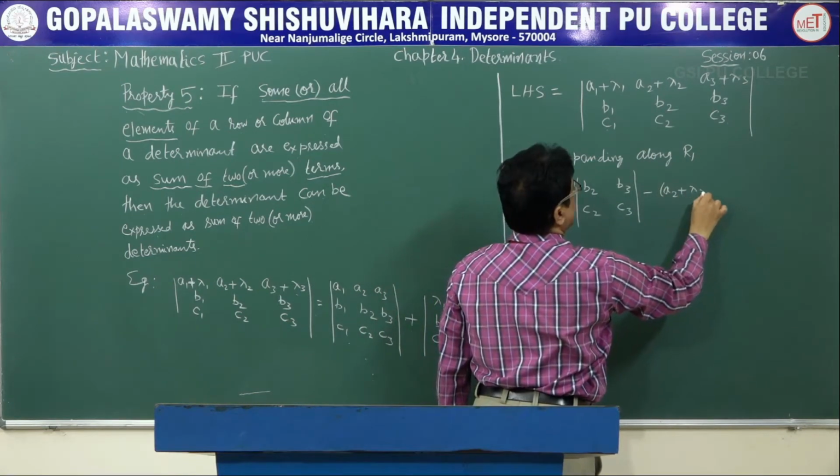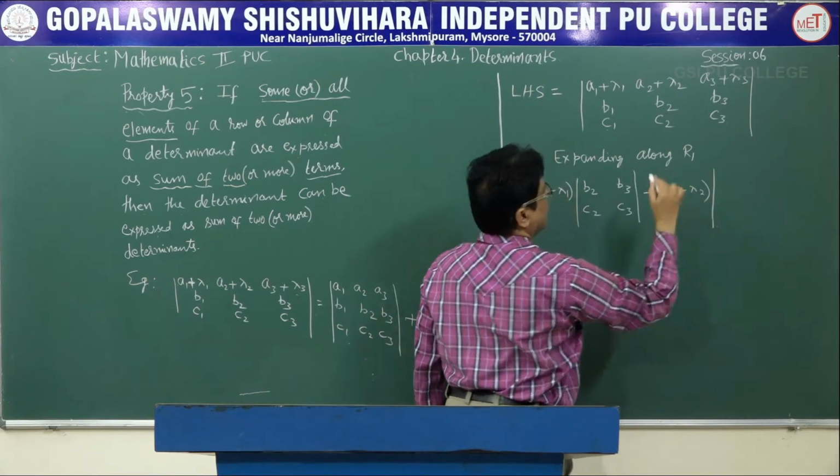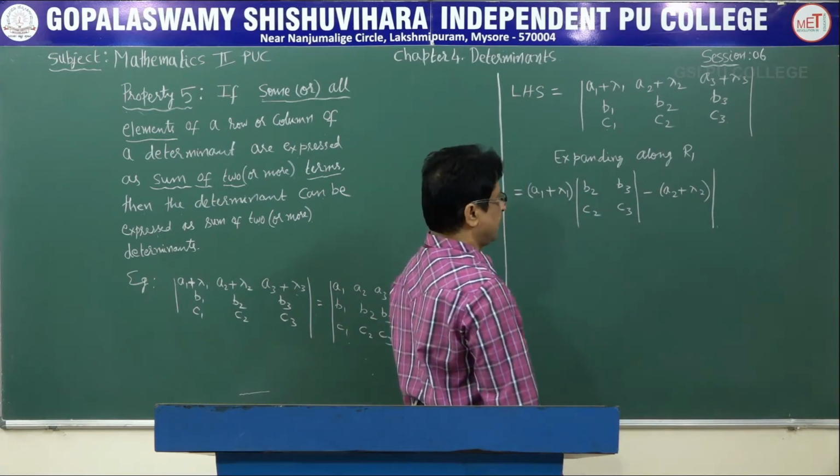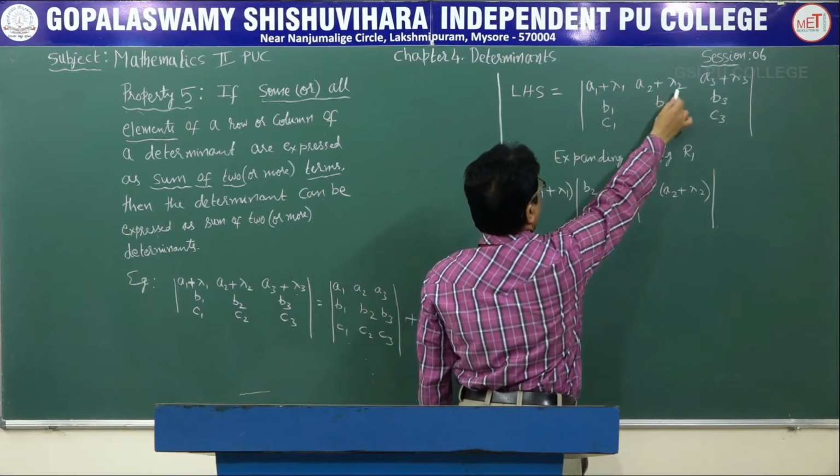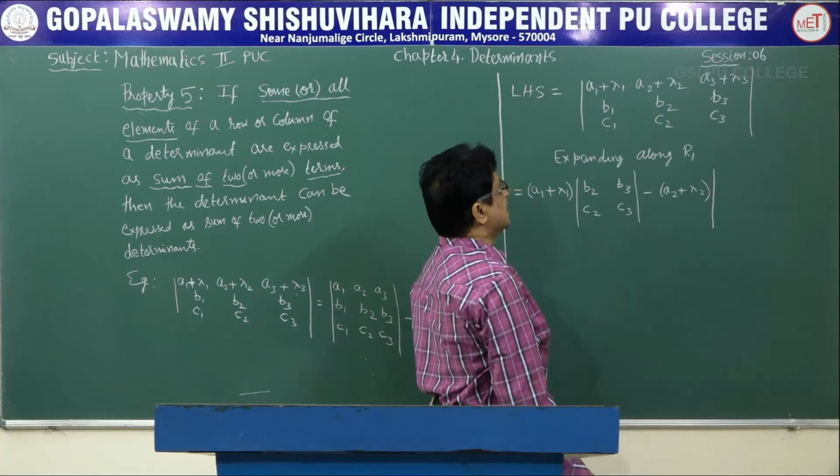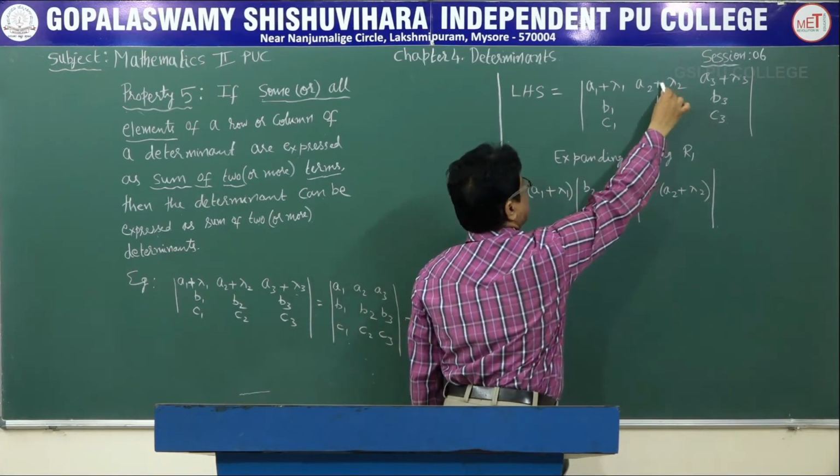a2 plus lambda 2 into the determinant of, so a2 plus lambda 2 lies in the first row and second column.